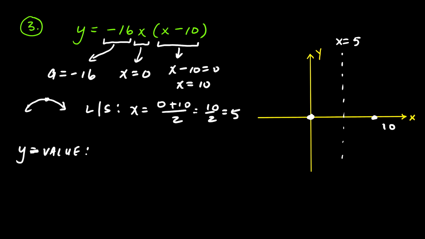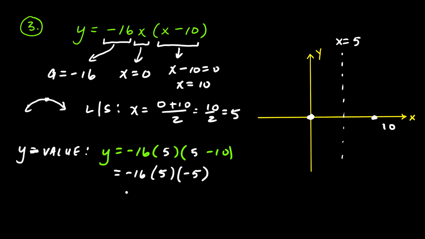So we're going to substitute that in. So we'll have y equals negative 16 times our x value minus 10. And again, the x value that we're substituting in is 5. So we get negative 16 times positive 5, negative 16 times negative 5. This gives us a value of 25 times 16, and it will be positive.